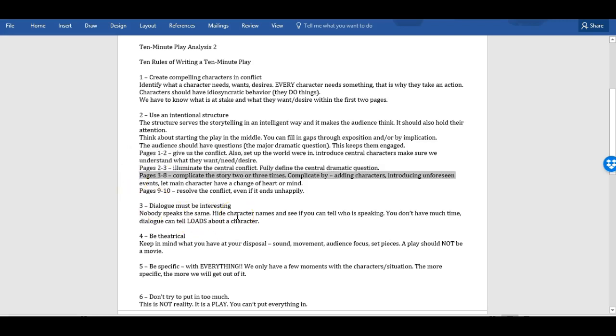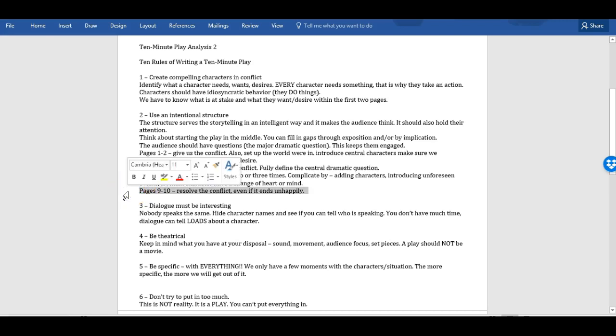You certainly don't have more time than that in a 10-minute play. How do you complicate things? Adding characters, introducing new events. Things happen, which can be revealing new information. That is an event. Characters can have a change of heart, or they can change their mind. So that happens here.